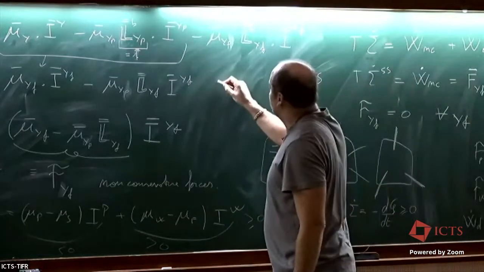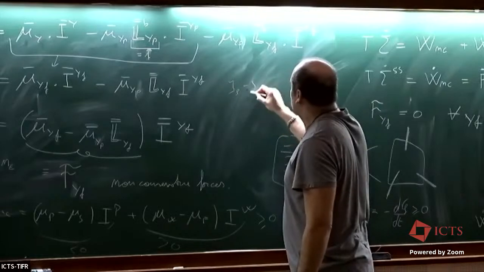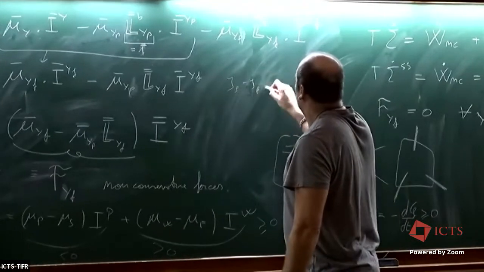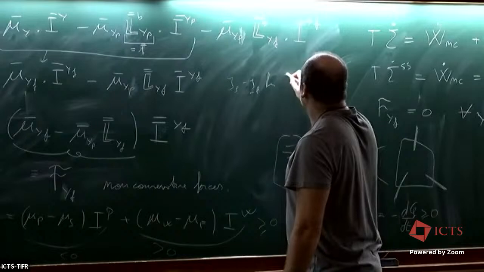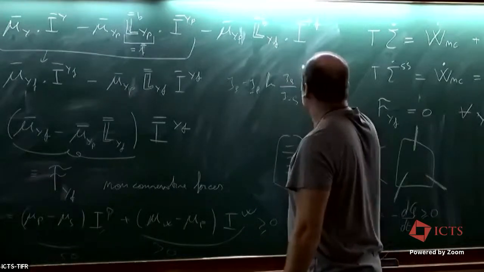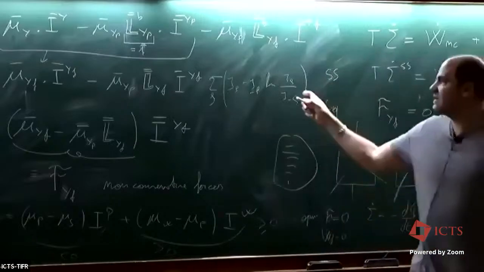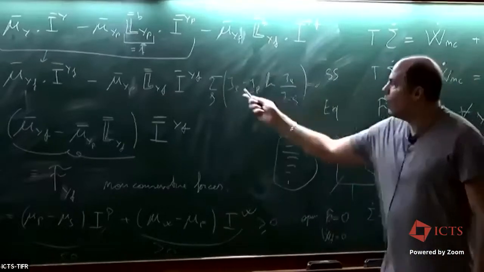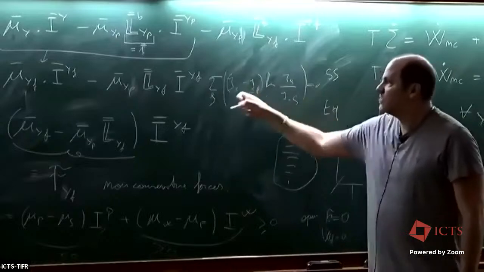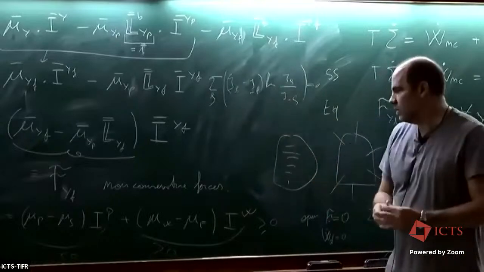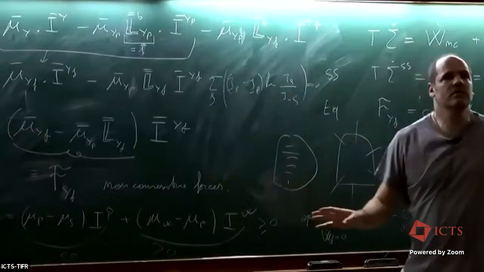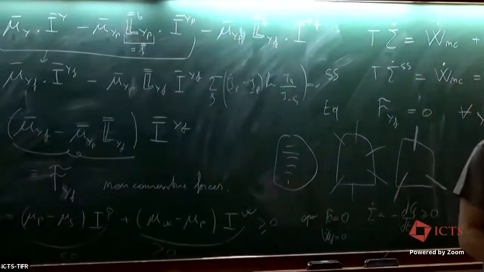We had it as the sum over rho of J rho minus J minus rho times log J rho over J minus rho. This was the entropy production. So if this has to be zero, all the currents through every reaction need to be zero, and so every current will be zero. So that's one way to show it.